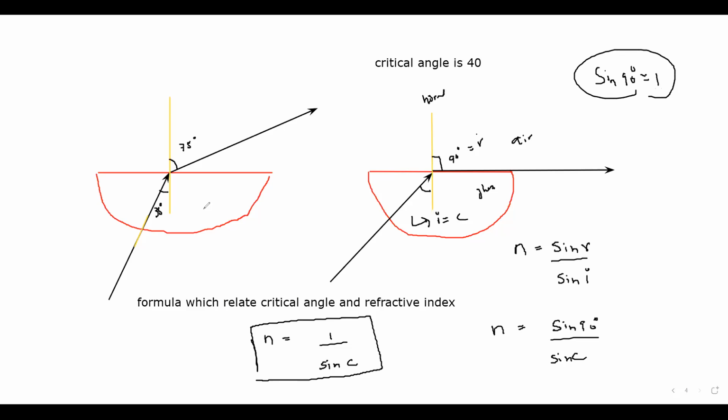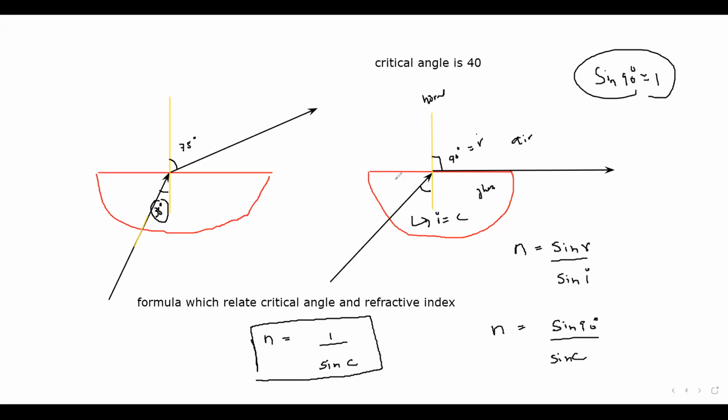In the first example, this angle of incidence is there, but this angle of incidence is not equal to the critical angle. In the second example, the angle of incidence is equal to the critical angle.